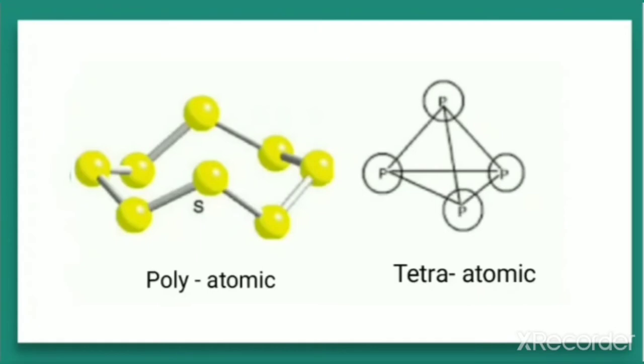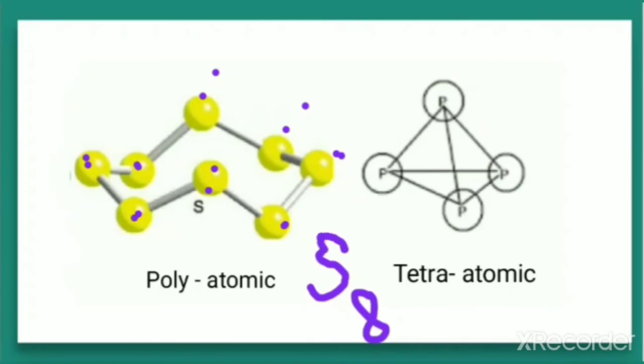Similarly, sulfur. In nature, you can find that sulfur exists in the form of a molecule made up of a number of atoms bound together. When you count it, 1, 2, 3, 4, 5, 6, 7, 8. So there are a total of 8 atoms. So sulfur in nature exists in the form of S8.